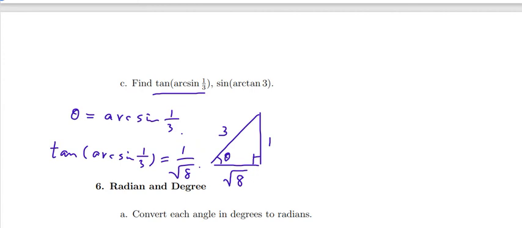Same way for this one. We want to find the sine of this angle. So this angle is arctangent 3. Arctangent 3 means this angle's tangent is 3. So I put 3 here, 1 here. Then this is radical 10, right?